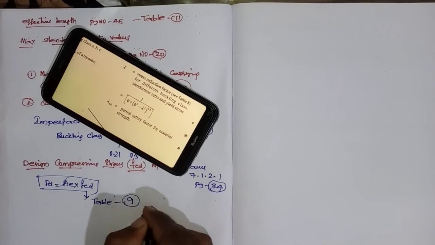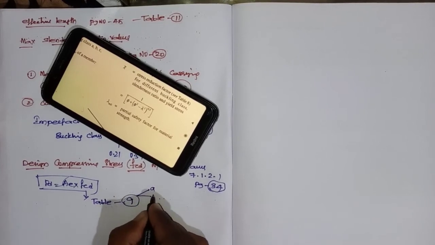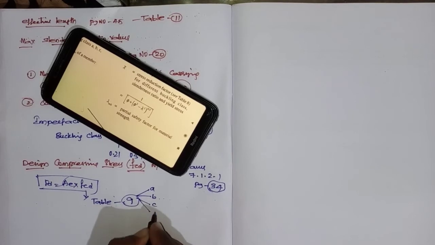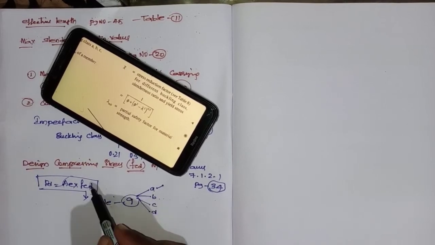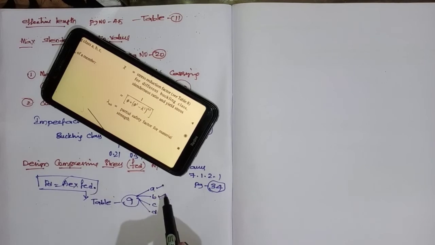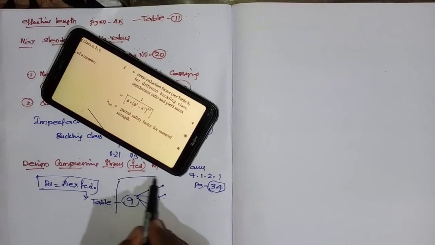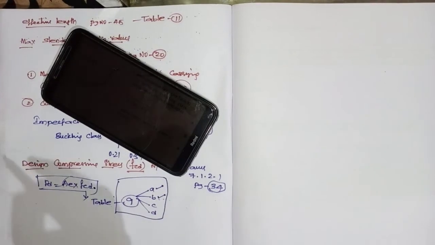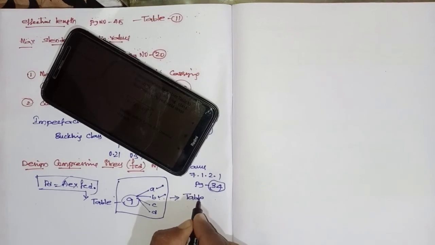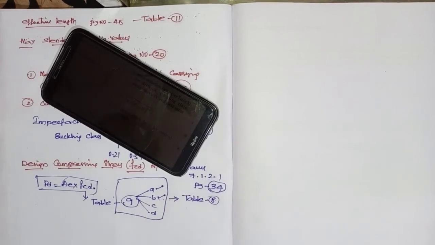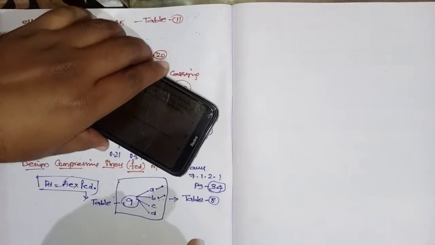In that you have A, B, C, D. Means for each buckling class you have a separate FCD value. Now how have these tabular columns been developed? These are developed based upon table number 8.